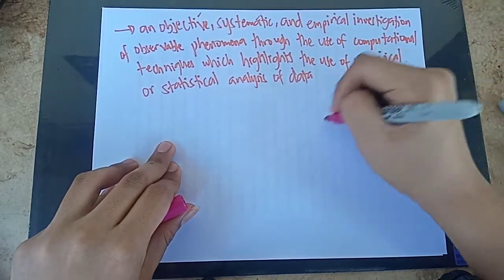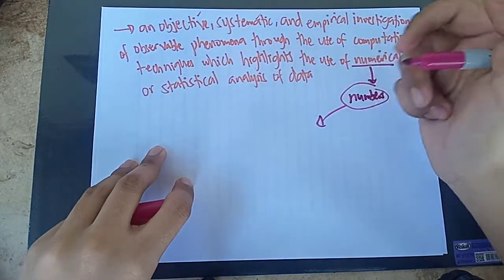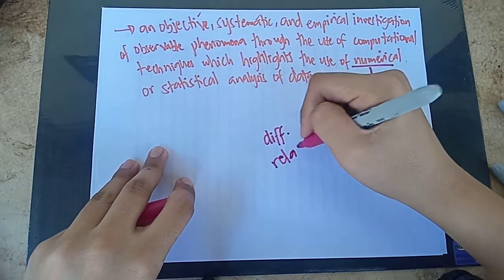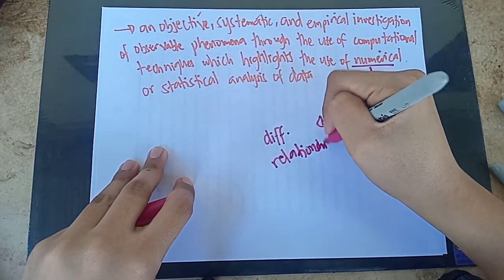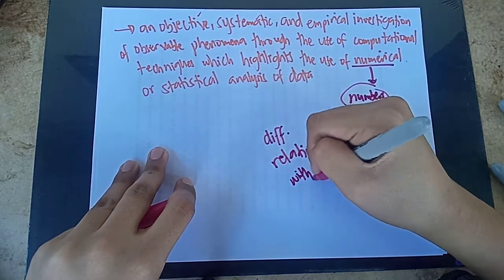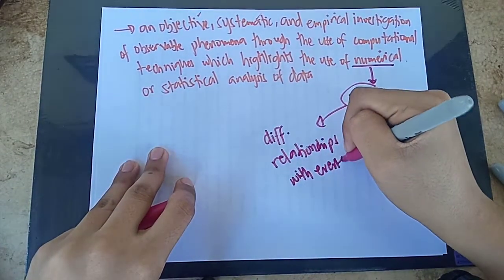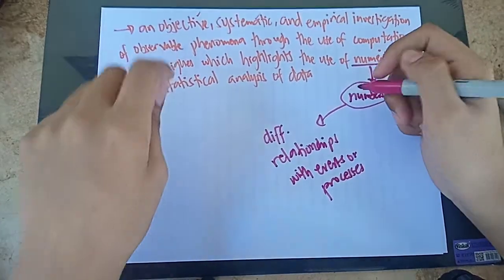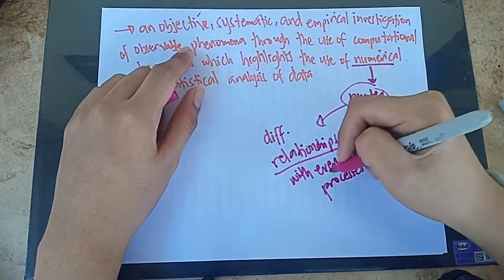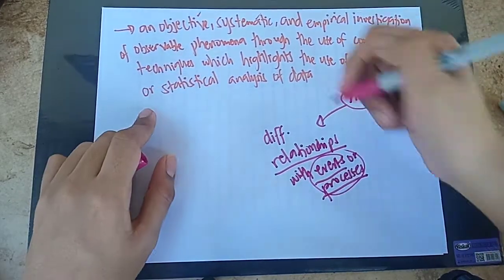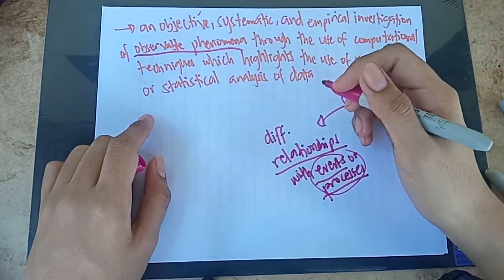And these numbers will determine different relationships with events or processes. These events or processes are known as the observable phenomena.